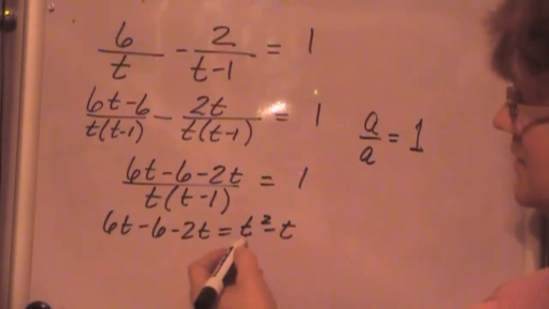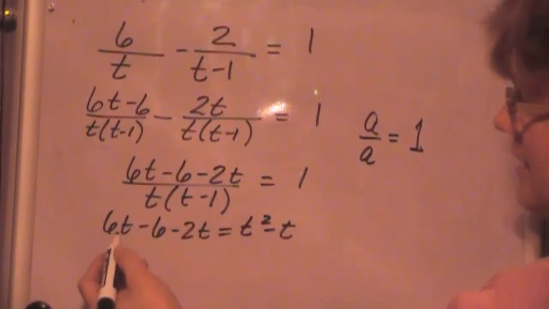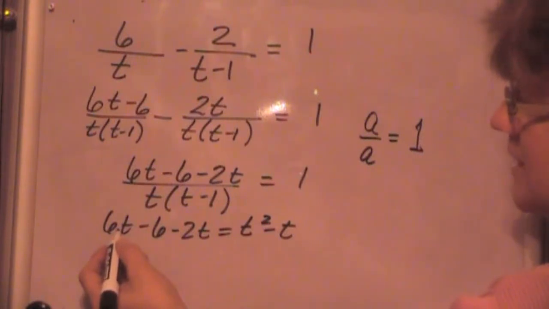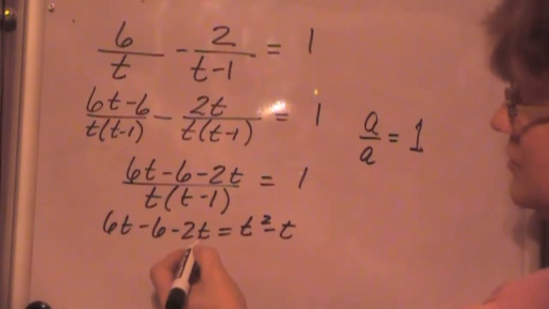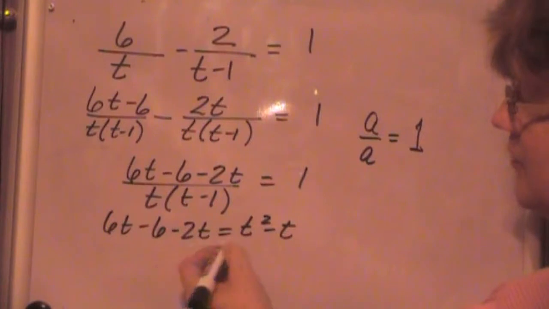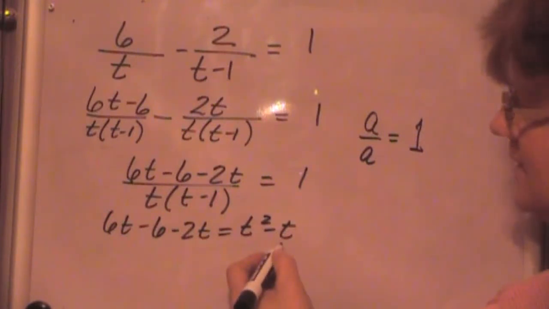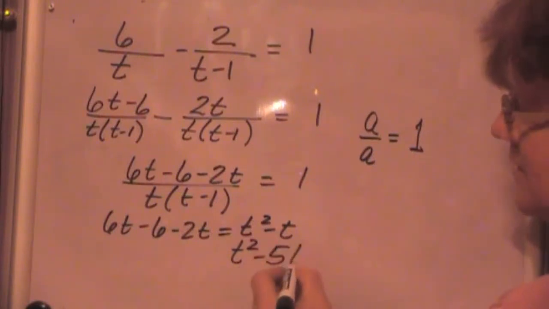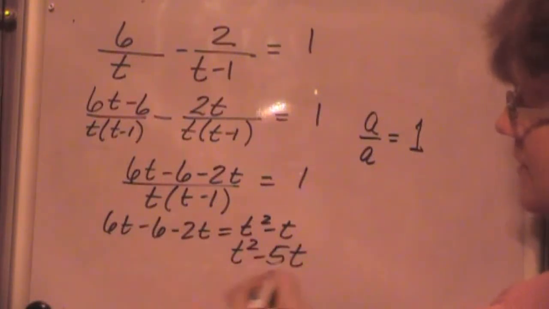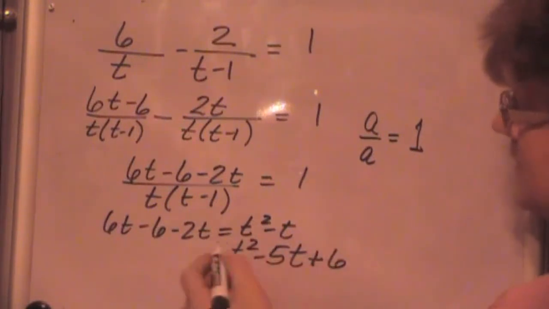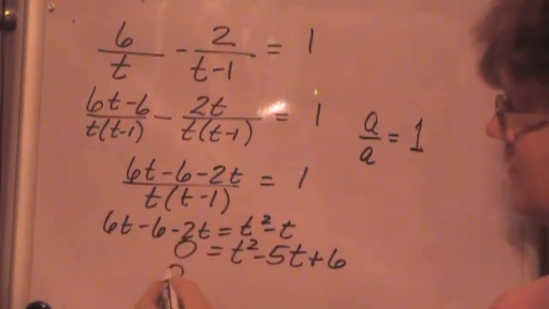Now I can combine all these like terms. 6t minus 2t is 4t. Bringing it over here, it becomes a minus 4t, so I'll have t squared minus 5t, and bring the 6 over, it becomes a plus 6 equals 0.